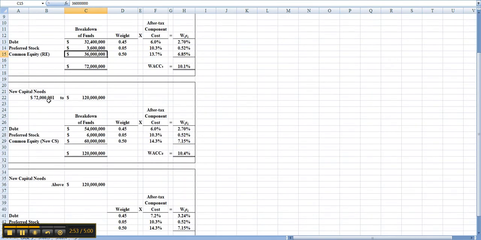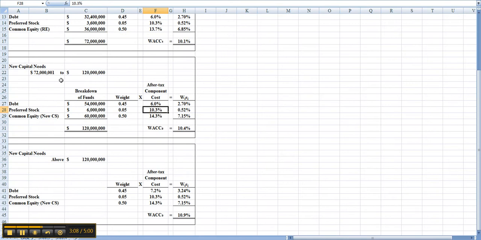So from $72 million, $1 up to the next break point, the debt break point, debt is still at its cheap amount. We haven't gone above the debt break point yet. Preferred stock will never really change, so it's still at the 10.3%. But now we need more money than our retained earnings will cover, so we have to issue new common stock, and that's at the 14.3%. And we go ahead and just cost all of that out at the 14.3%.